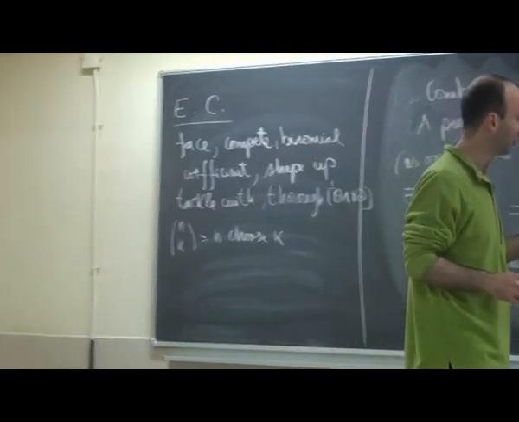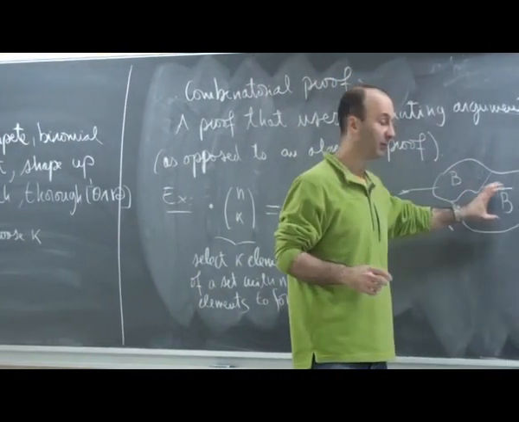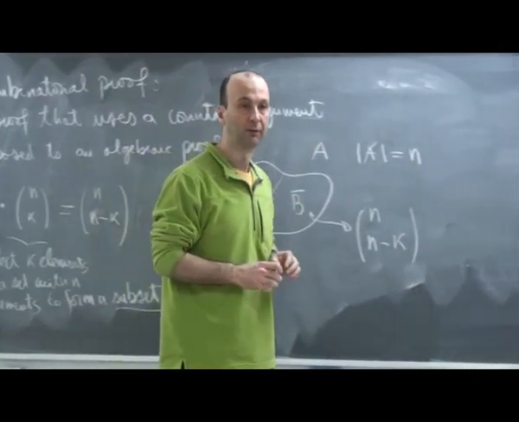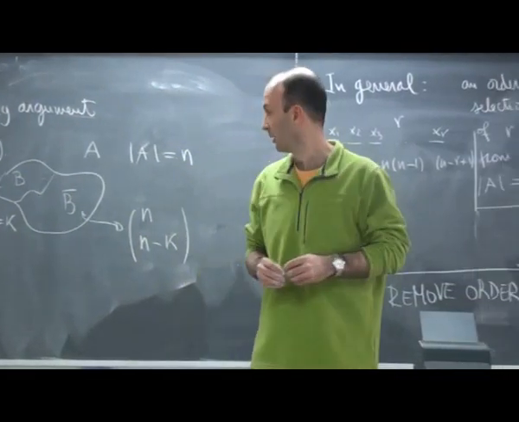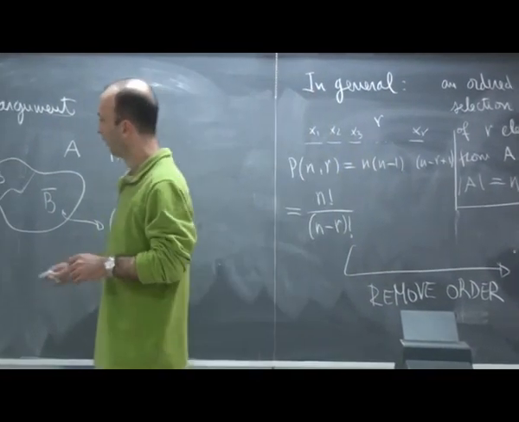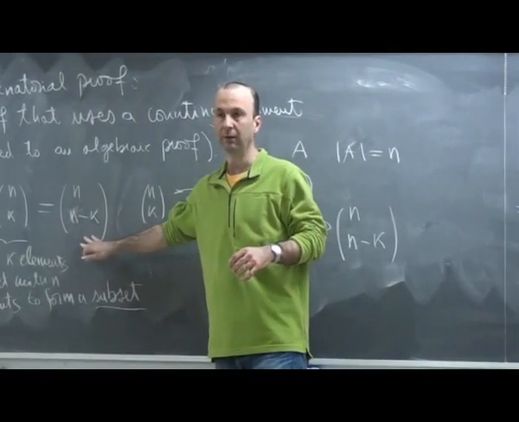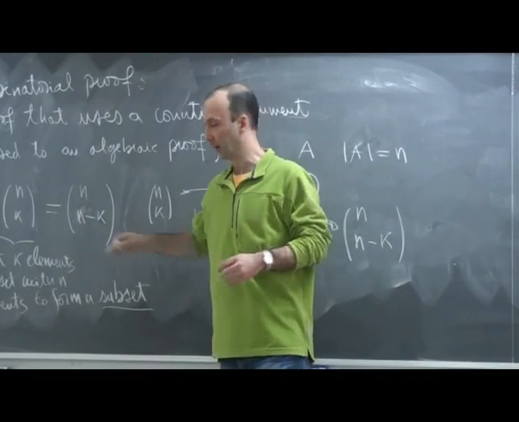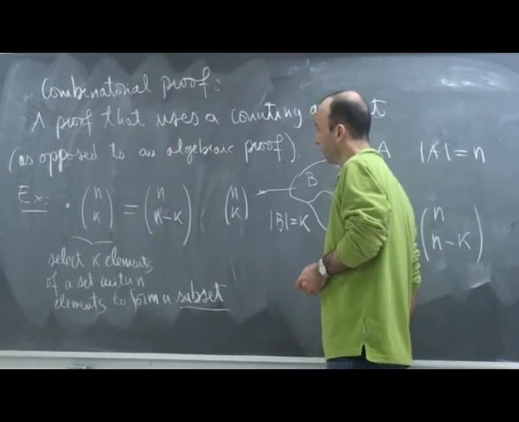What's left after you select B is the complement of B. So that's why these two numbers are equal. Okay. That was a combinatorial proof.